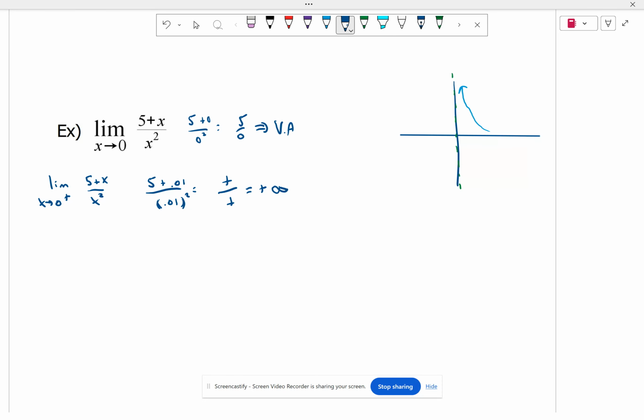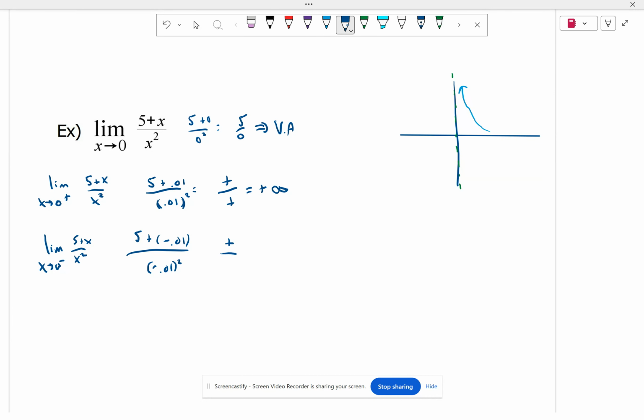What about the left? So if I take the limit of 5 plus x over x squared as x approaches 0 from the left, now we're going to look at a number just smaller than 0. So I'm going to use 5 plus, let's use negative 0.01, over negative 0.01 squared. Now 5 plus negative 0.01 is still going to be a positive number.